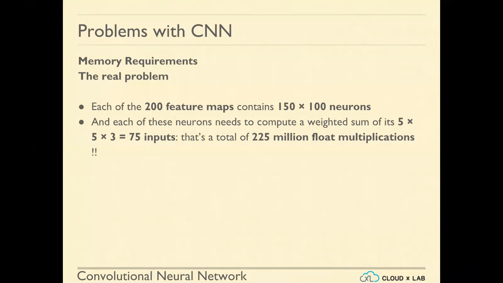So for every output neuron we need to do 75 computations, and hence 150 into 100 into 75 float multiplications.